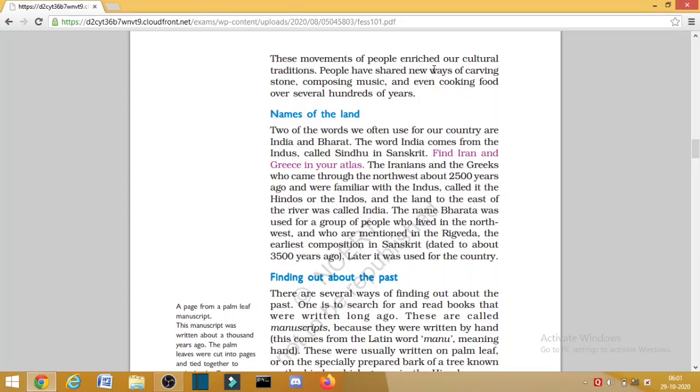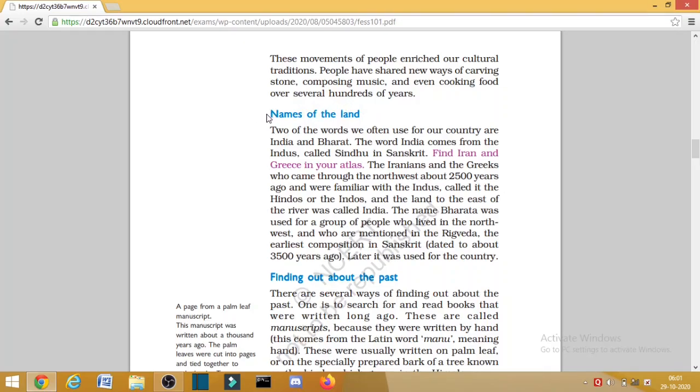People have shared new ways of carving stone, composing music, and even cooking food over several hundreds of years. They have learned new ways of how to carve stone, how to compose music, and how to cook nice dishes over several hundreds of years.